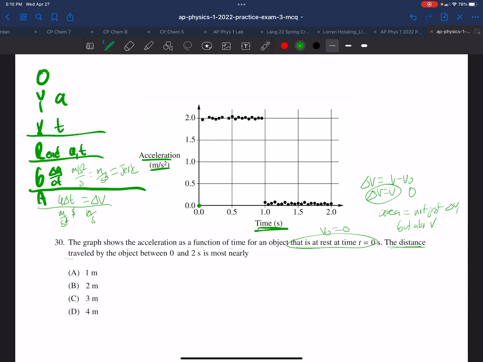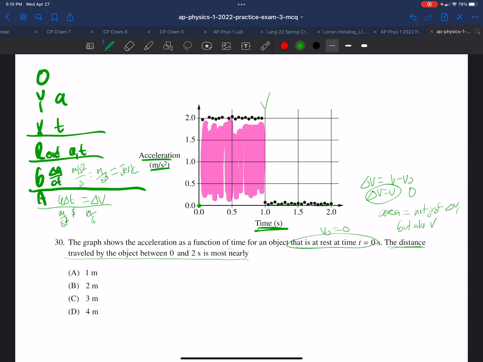So you want the distance traveled by the object between 0 and 2 seconds. Well, if we were to find this area, that would give us the velocity at any instant in time.